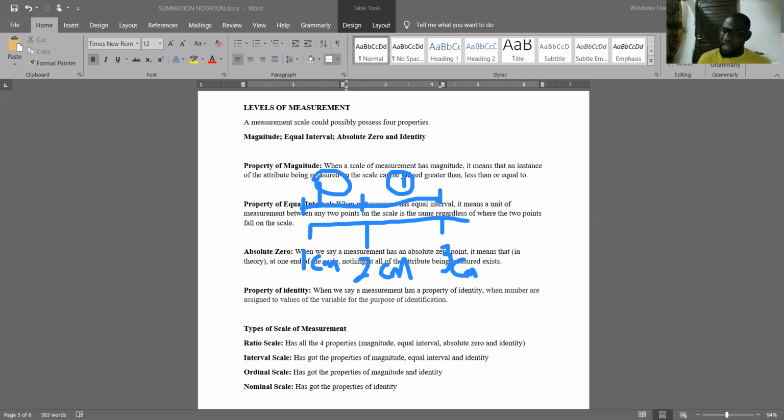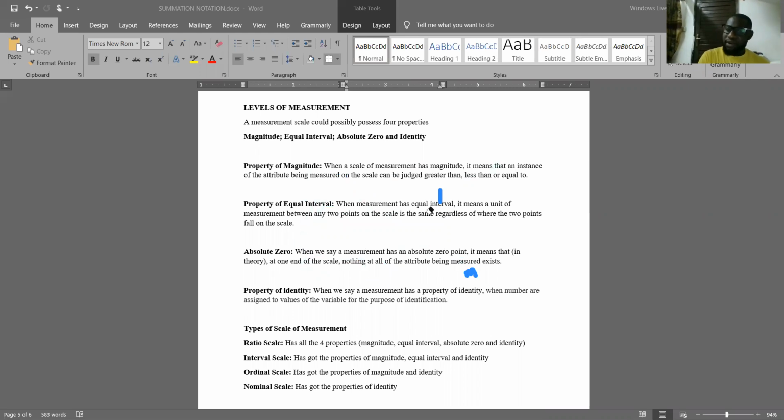Then the next thing has to do with absolute zero. We normally say that a property has an absolute zero when, in theory, that property to a large extent doesn't exist at some instances. A typical example is when we say 0 centimeters, it means that at that point in time, there's no length, or 0 kilograms.